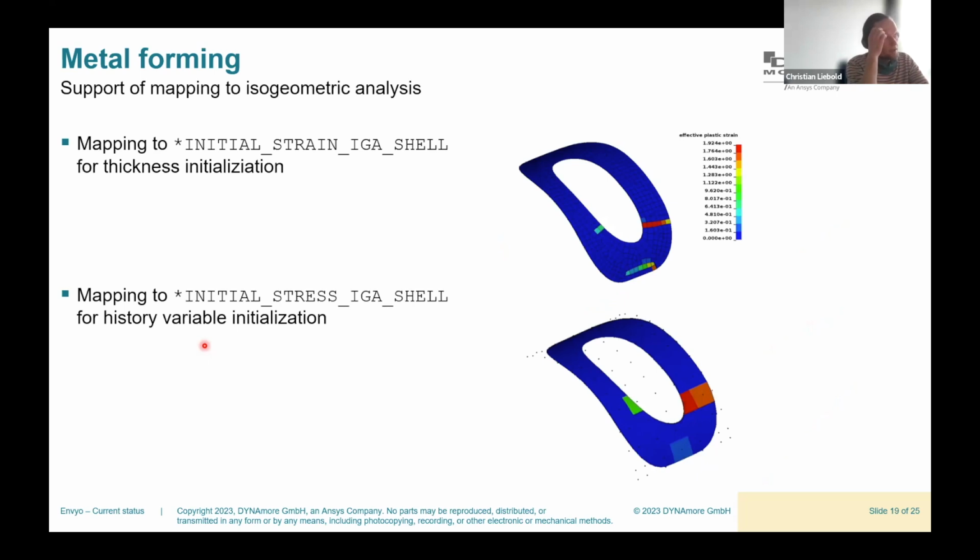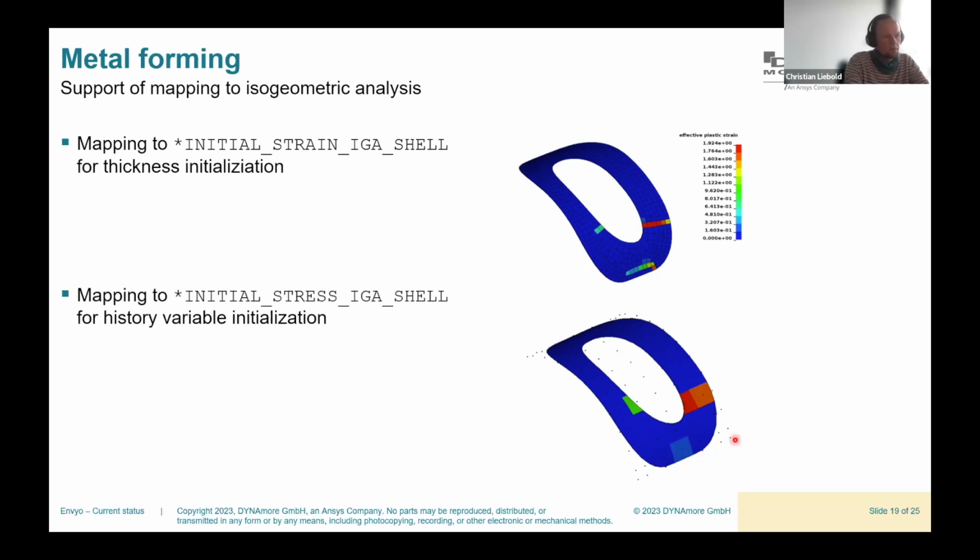We've recently added the capability to map to IGA elements. So we consider isogeometric analysis, and we map the thickness to initial strain IGA shell, and we map the stresses and history variables to initial stress IGA shell. The approach is a bit different from standard finite elements, but it's under investigation, so to speak.